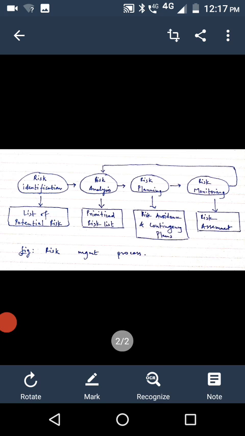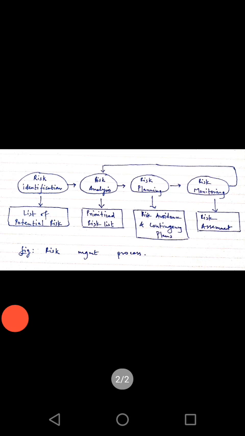You analyze those risks, which means you need to find out the probability of each of the risks. You need to figure out the impact of each of the risks. Then you can do the risk prioritization. As you can see below the risk analysis, you can see the prioritized risk list.